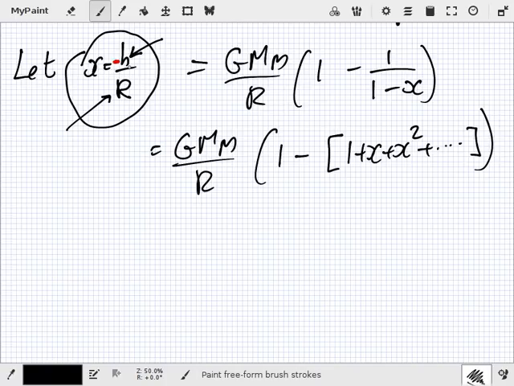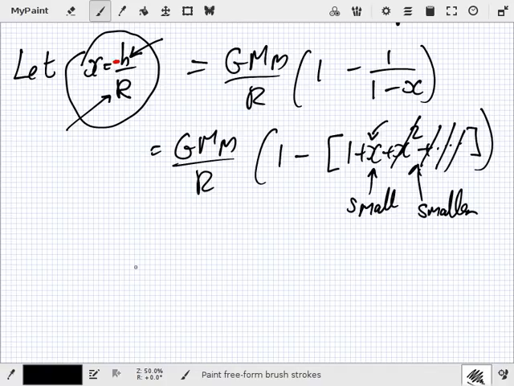If x is really small, then what about x squared? Smaller. And then x cubed, smaller again. So because they're so small, we can cancel them and just keep the first one.